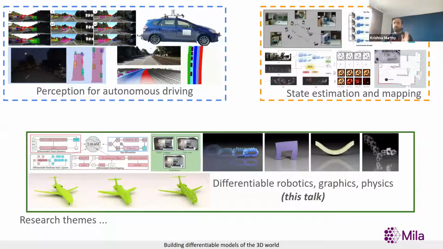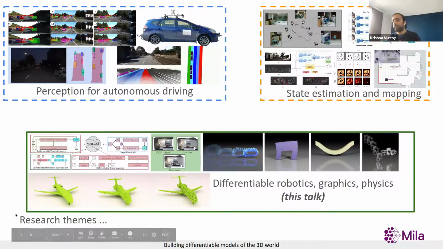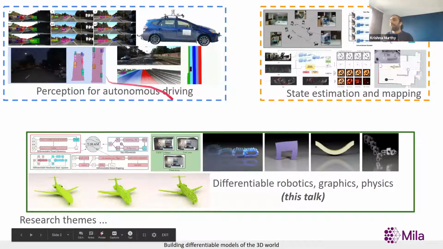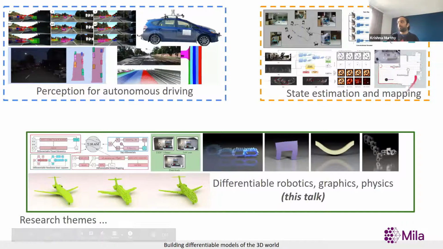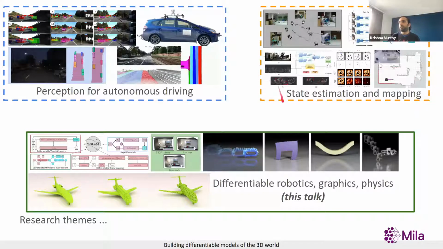So just to give a brief sampling of all the various things that I like to work on, one subset of approaches that I used to work on a lot, especially during my master's, was perception for autonomous driving. And a lot of my work still revolves around state estimation and mapping for robotics.